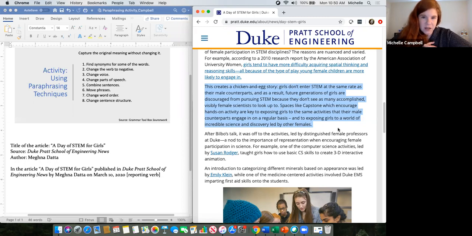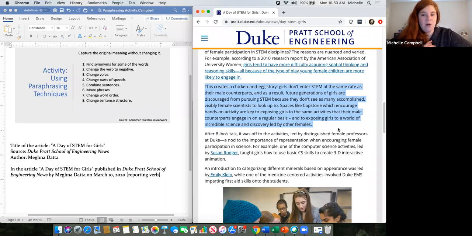So this creates a chicken and egg story. So this refers to the previous paragraph saying that young female identifying children are less likely to engage in research than young male identifying children. So this creates a chicken and egg story. Girls don't enter STEM at the same rate as their male counterparts.